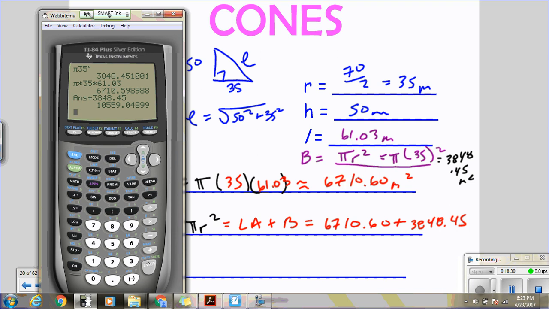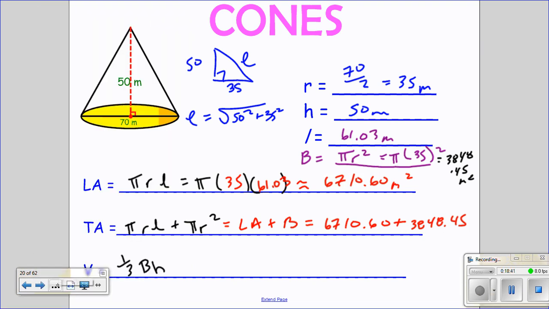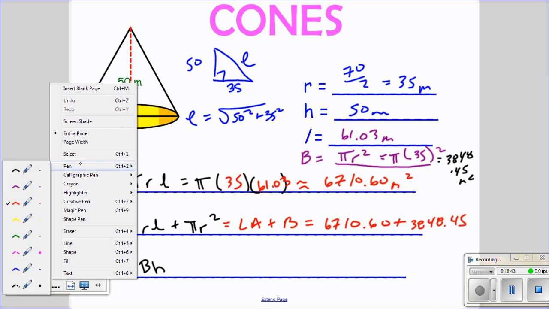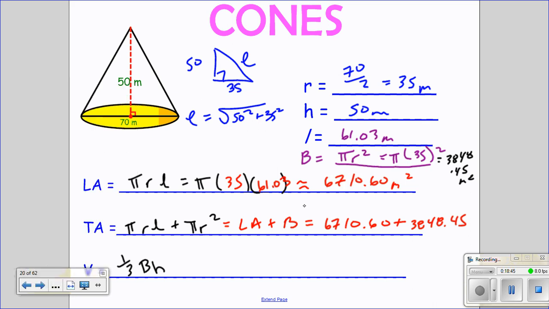And we get roughly 10,559.05 meters squared.